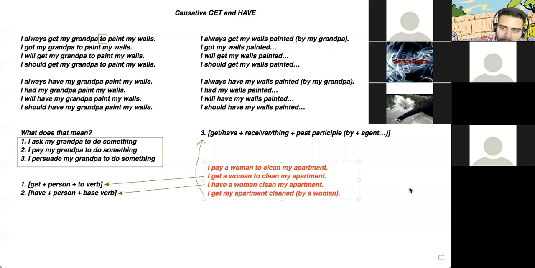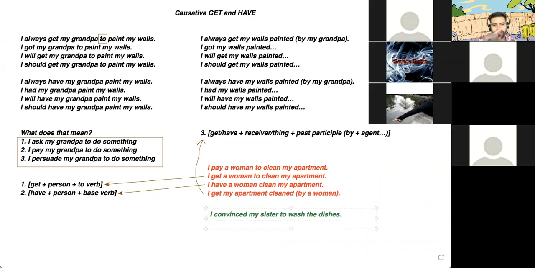Let's do another one. This time in the past. So I convinced my sister to wash the dishes. I convinced my sister to wash the dishes.